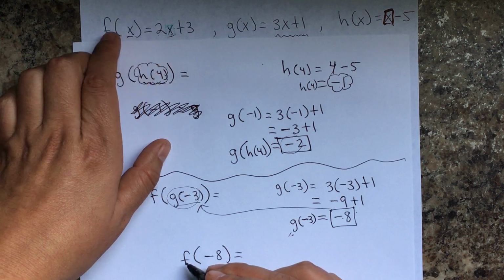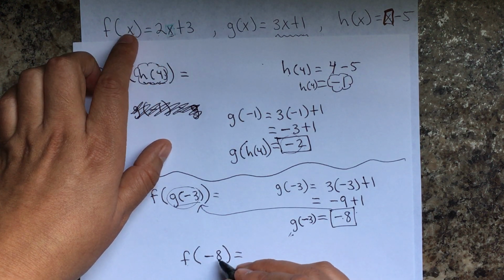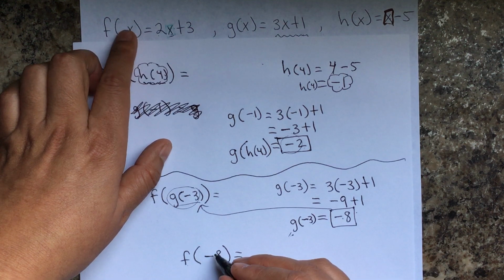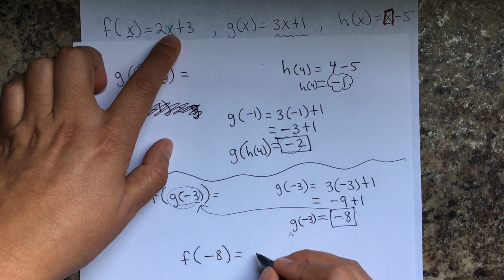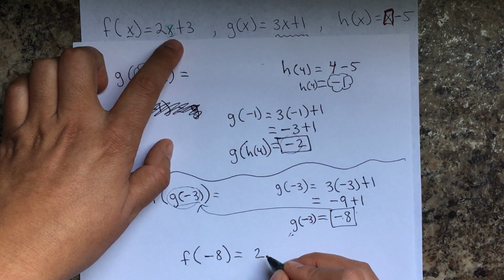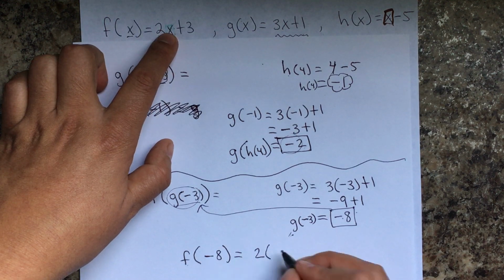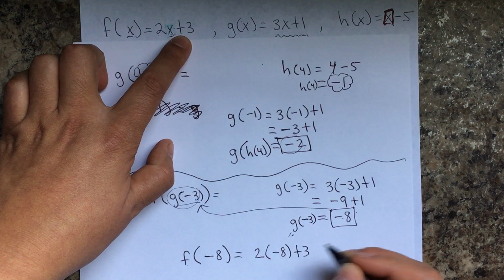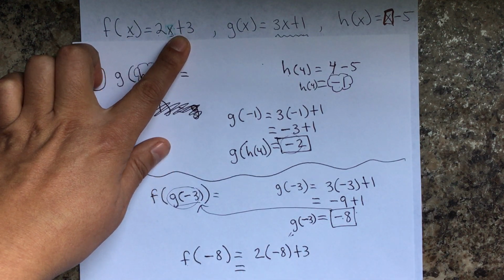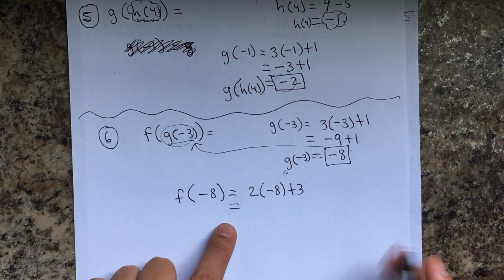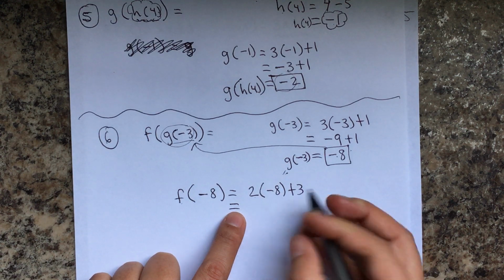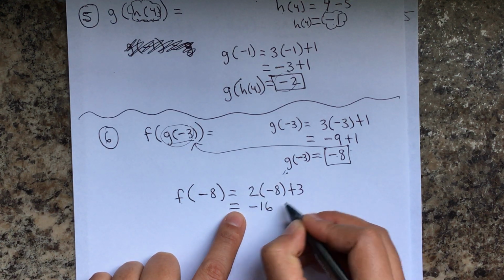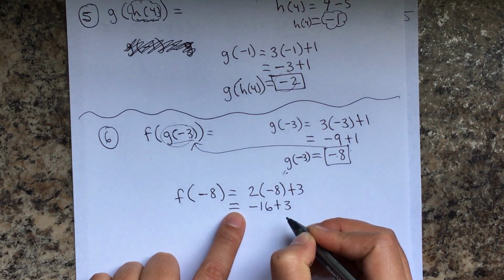But you're going to get the function of f, and since we have a -8 instead of the x here, that means that x is -8. So the 2 stays the same. The x becomes -8. And then we have +3. And now I'm going to move it up. Now we just multiply 2 times -8 is -16, +3.